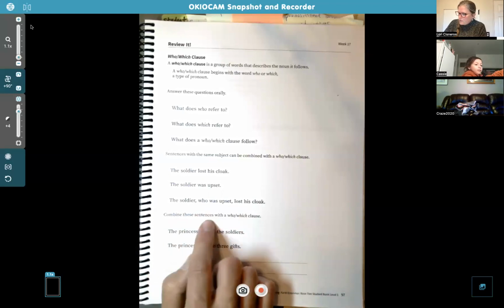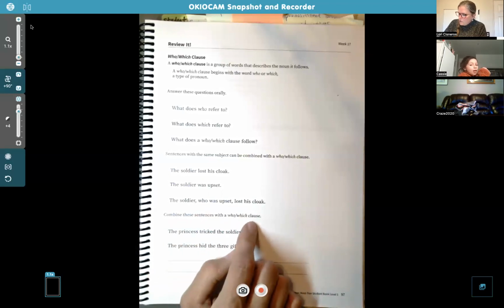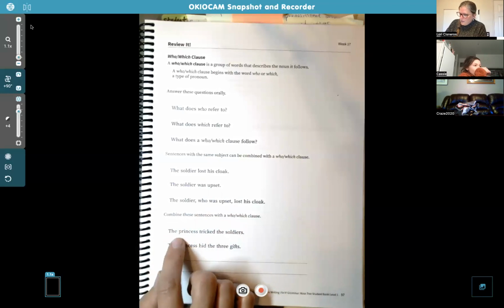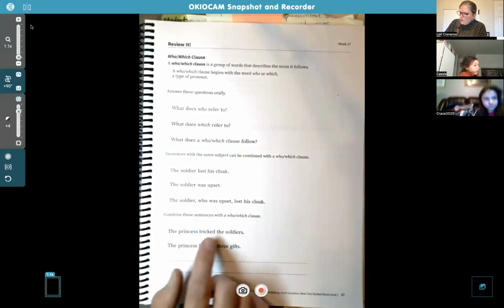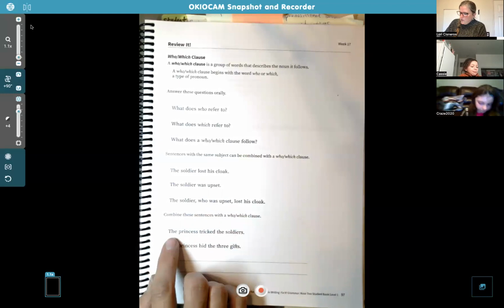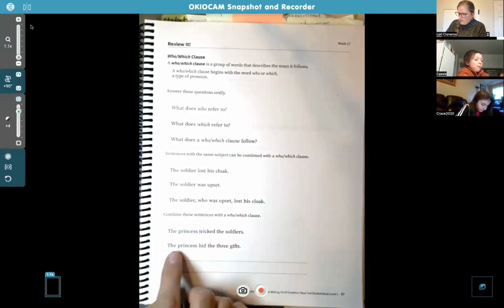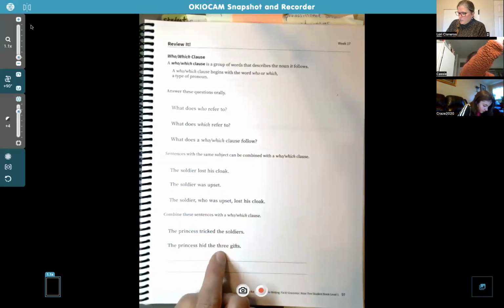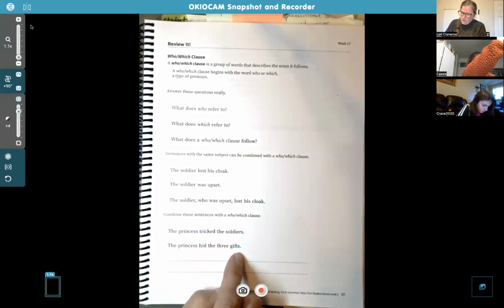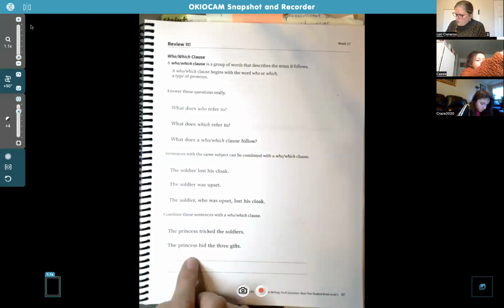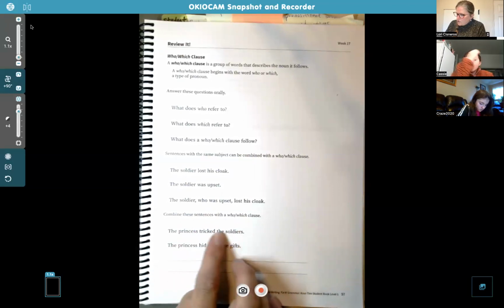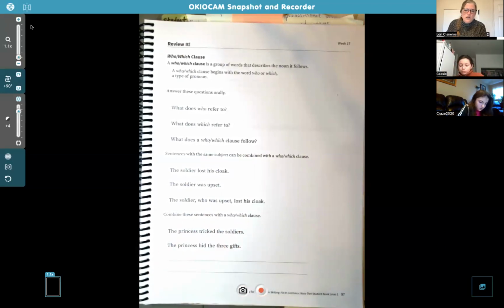So now look at these sentences at the bottom with the who, which clause. You're going to combine them using who or which. So here we have the princess tricked the soldiers and the princess hid the 3 gifts. So Cassie, can you think of a way you can combine those two sentences and use a who clause there?